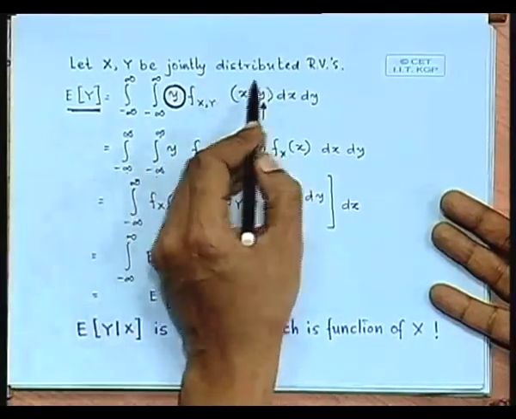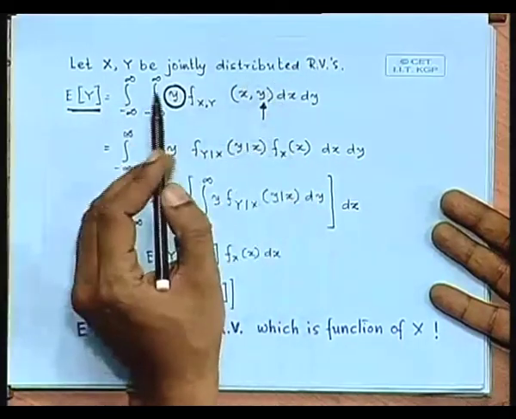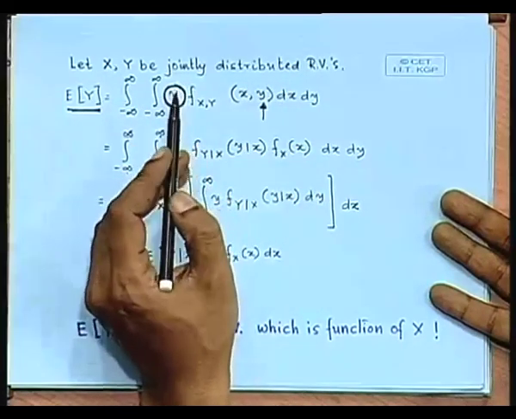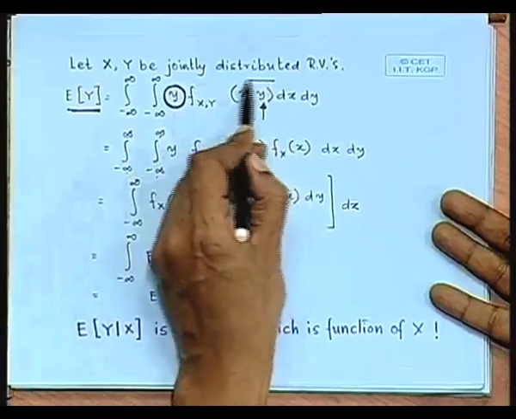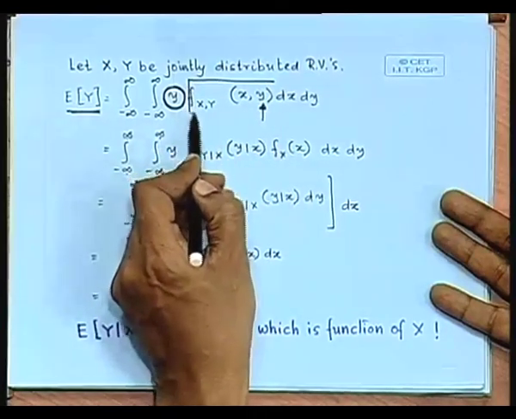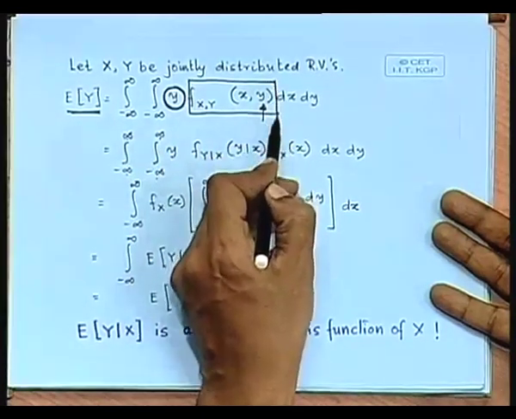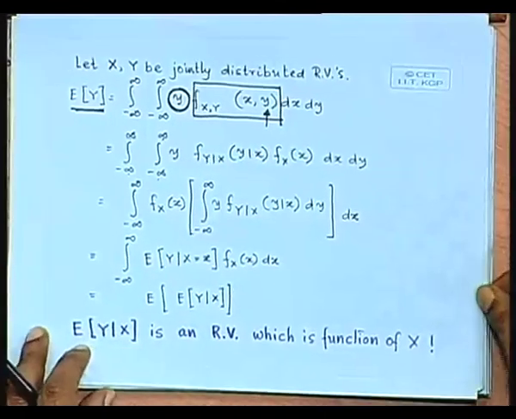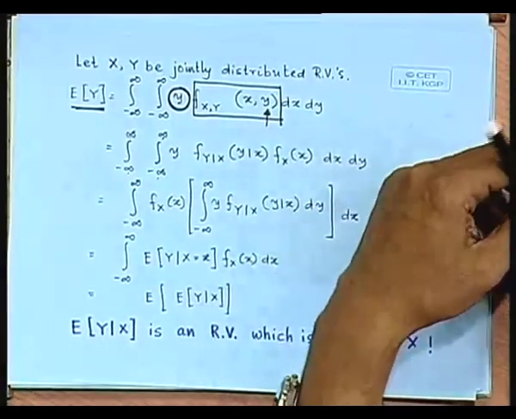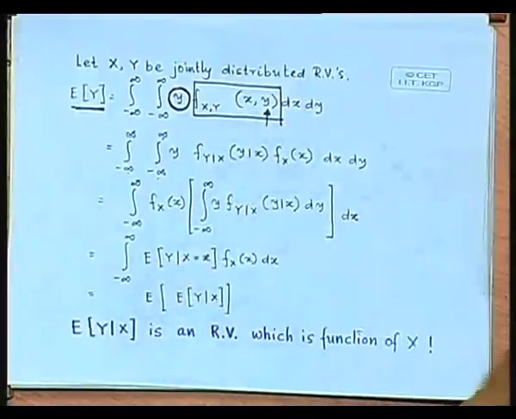What is fxy xy? That is, what is the probability that x falls between x and x plus dx, and y falls between y and y plus dy? That is nothing but fxy dx dy.